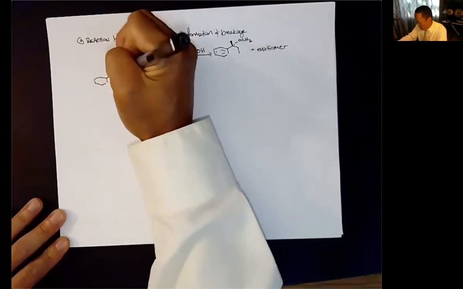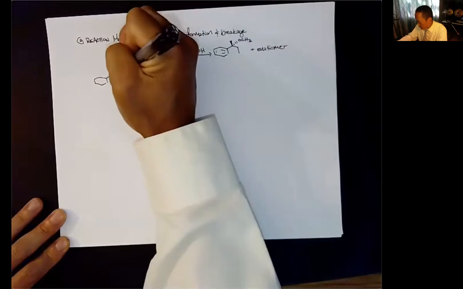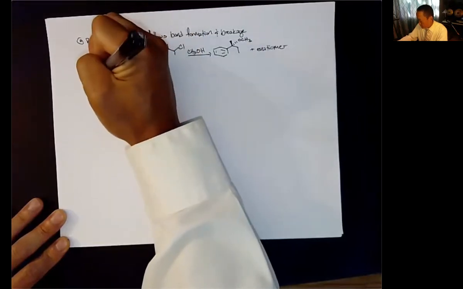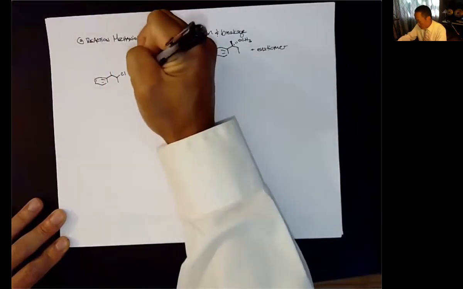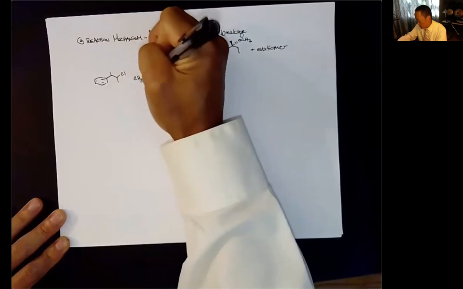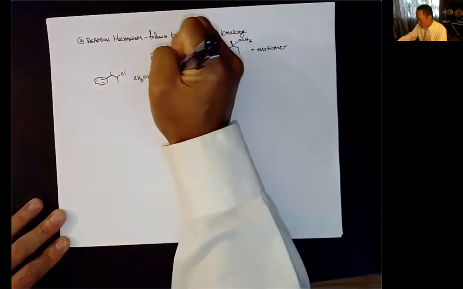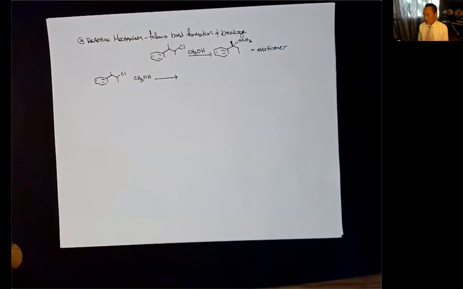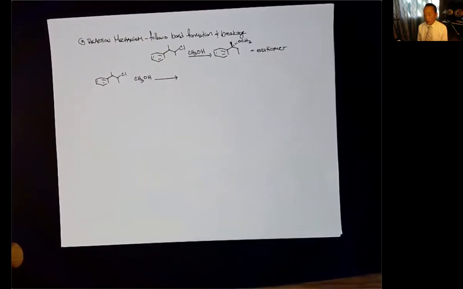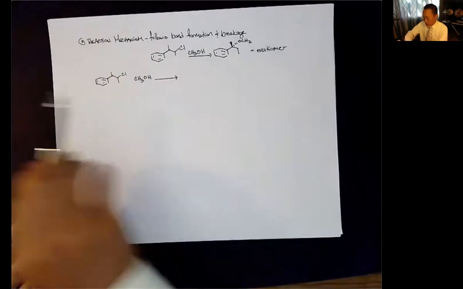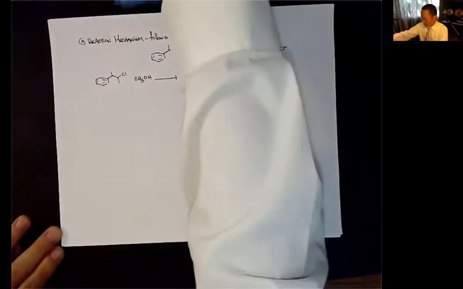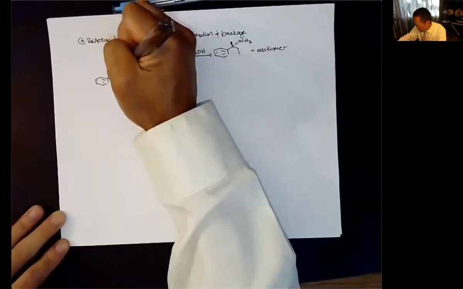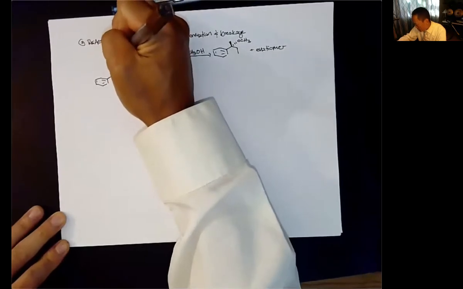So redrawing that same species with our leaving group, halogen, right here. And then in the presence of methanol, we want to be able to determine what type of interaction could take place in this reaction. Now, we've identified this species right here previously as a leaving group.